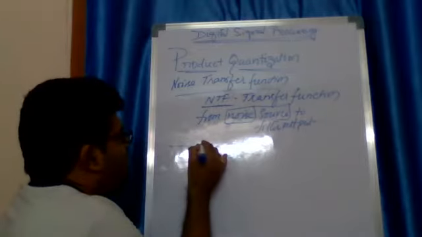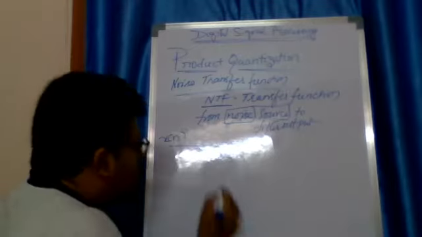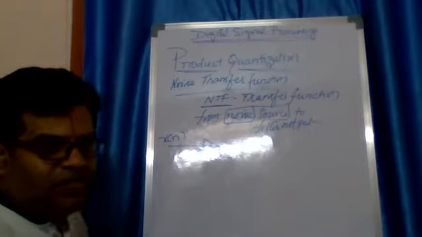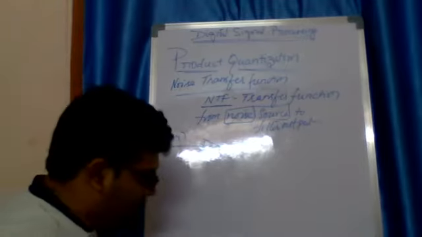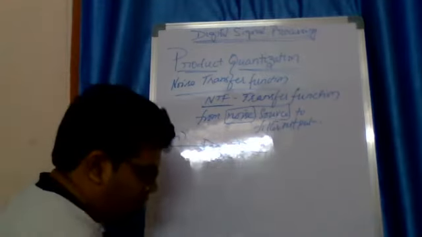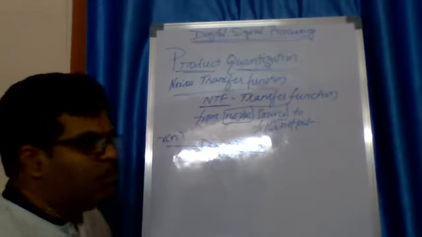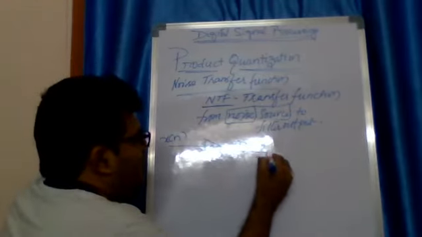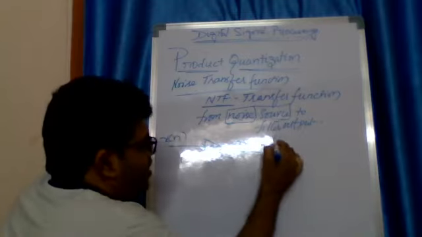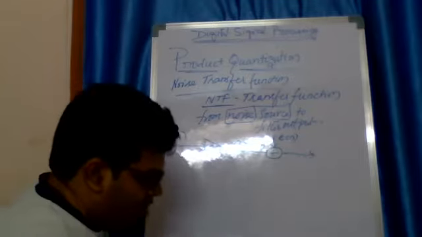Graphically, if I represent, my input is x of n. I have multiplied my input function by a constant a, which produces a into x of n. This is what I have to treat as my original output, but unfortunately we have an error that is added here, which is e of n.